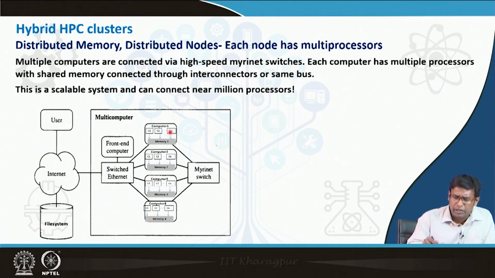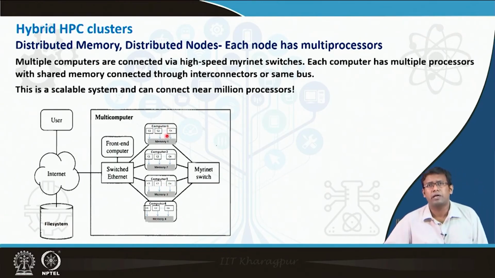By this you can connect 10,000 computers like this, and each computer can have a few hundred processors inside it as a multiprocessor system. So you can have a near million processor system, and any HPC cluster like this is basically a hybrid HPC cluster with multiple computers, where each computer is a multiprocessor.